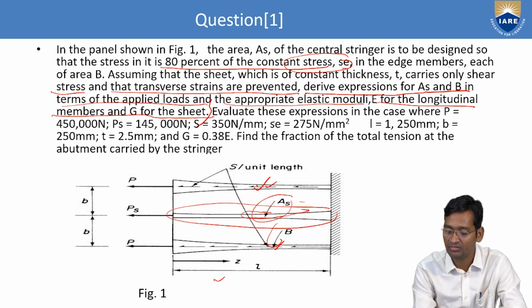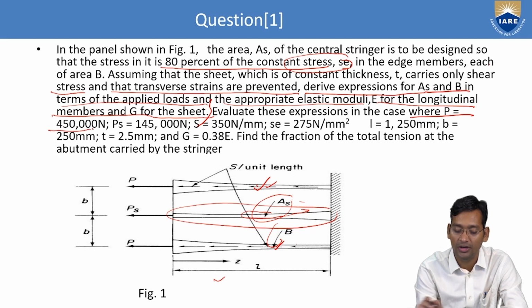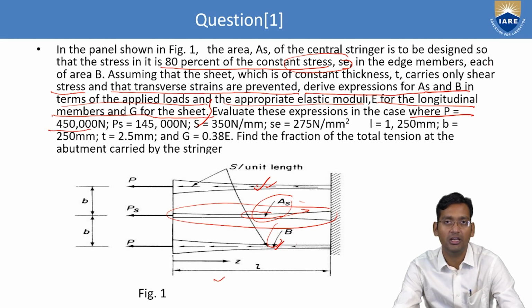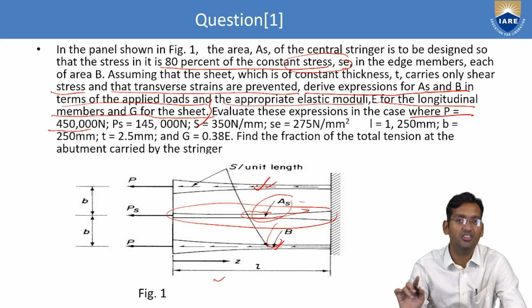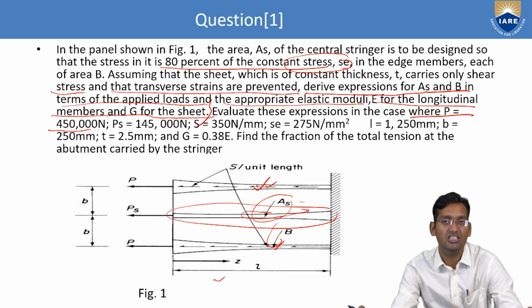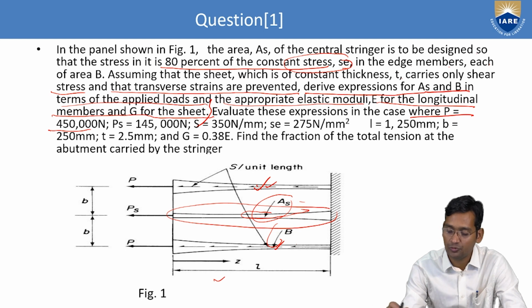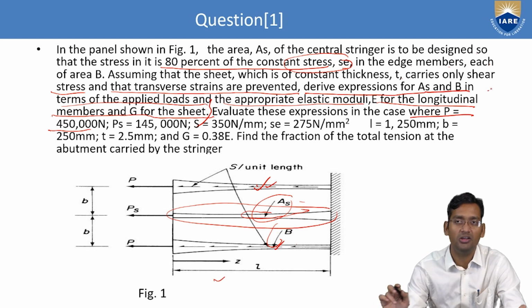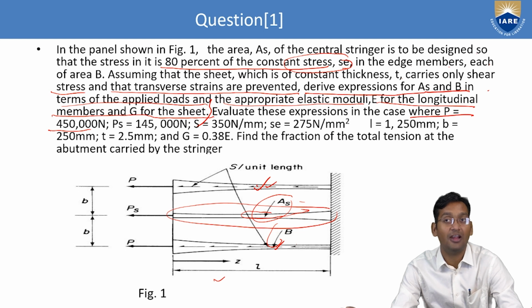Evaluate these expressions in the case where P is equal to 4,50,000 Newton, PS is 1,45,000 Newton, S is 350 Newton per mm, SE is 275 Newton per mm square, L is 1250 mm, B is 250 mm and T equals 2.5 mm, constant thickness, and G is equal to 0.38E. First derive those two equations, then put these values and find AS and B. Find the fraction of total tension at the abutment carried by the stringer.